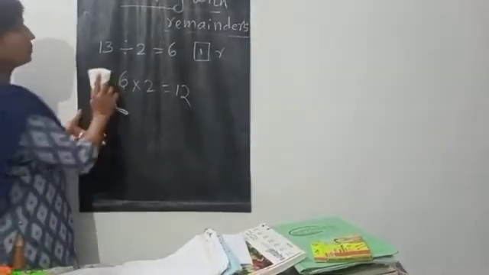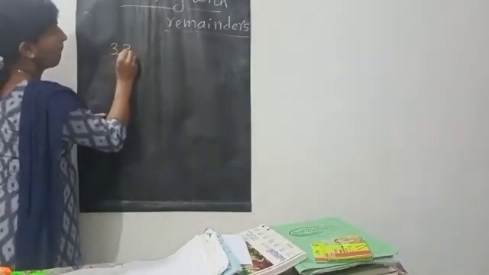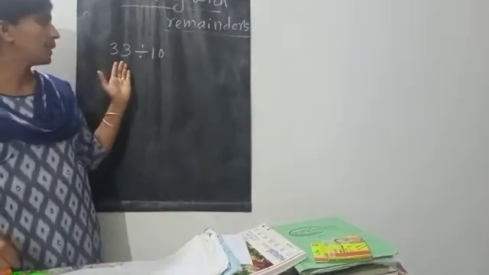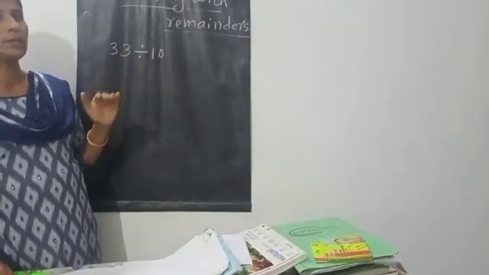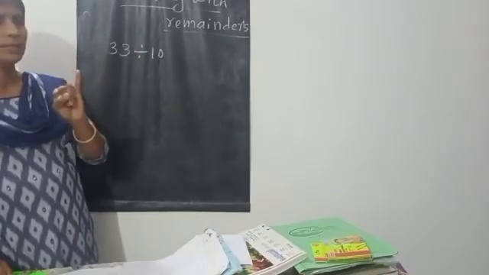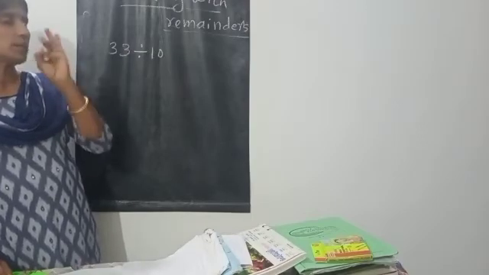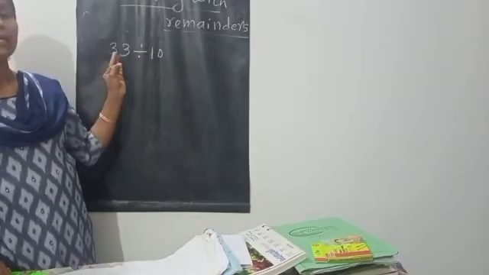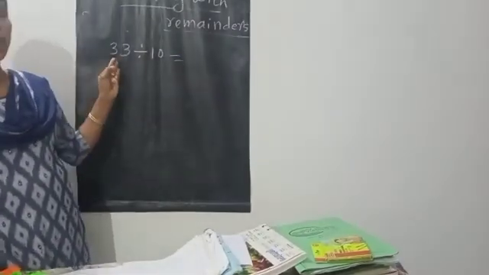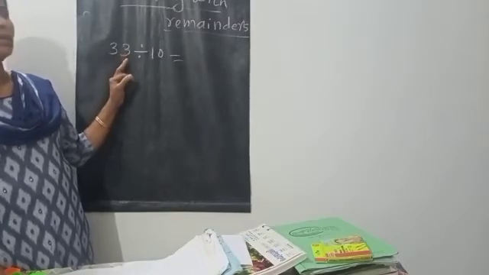33 divided by 10. All of you have learned the multiplication table of 10. We can say it. 1 time 10 is 10. 2 times 10, 20. 3 times 10, 30. 4 times 10, 40. We don't have 40 here. We have 33 only. So we can take 3 times.